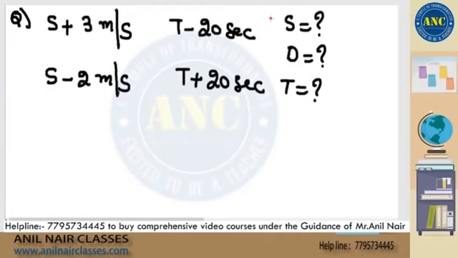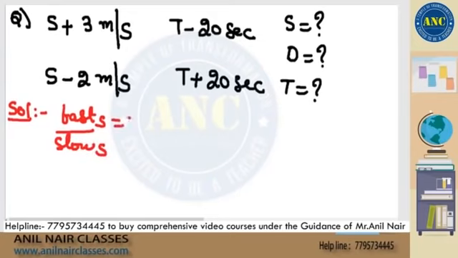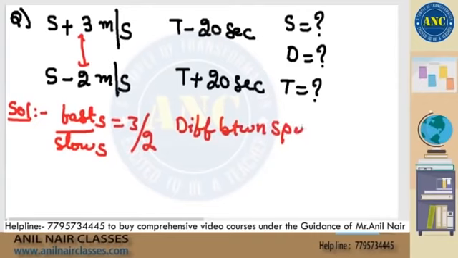Right? Now, again, solution. Listen carefully. Faster speed by slower speed, it is 3 and 2. But according to the question, difference is 5. This all you don't need to write, but I am explaining. Difference between the speeds is 5.